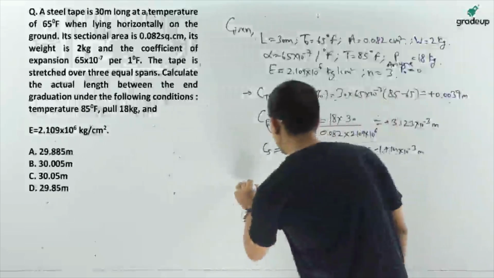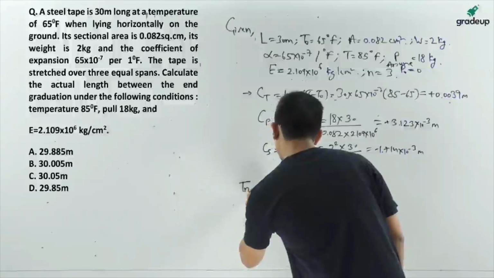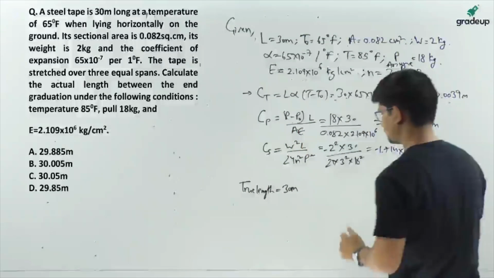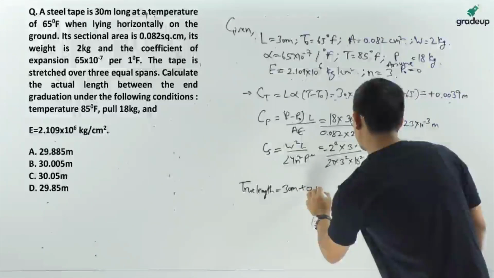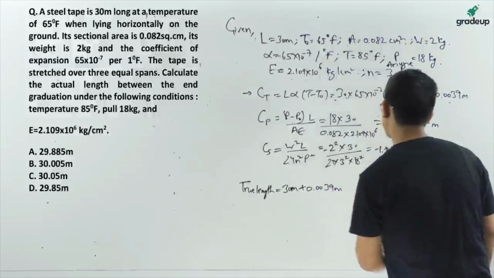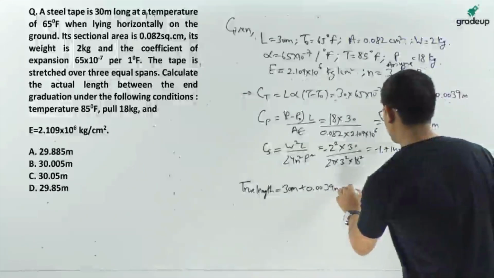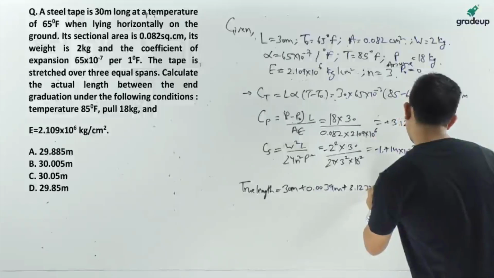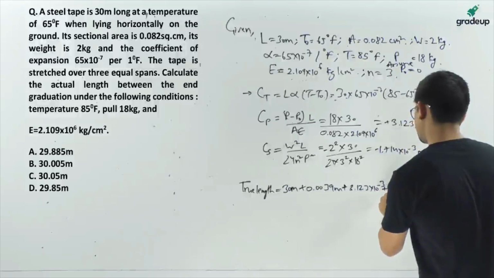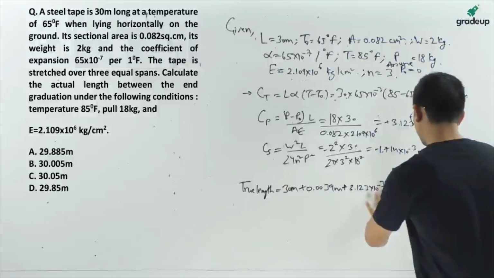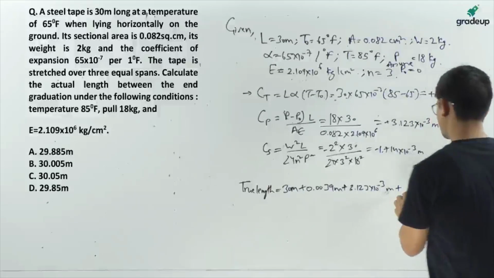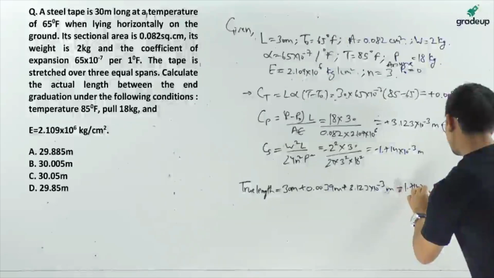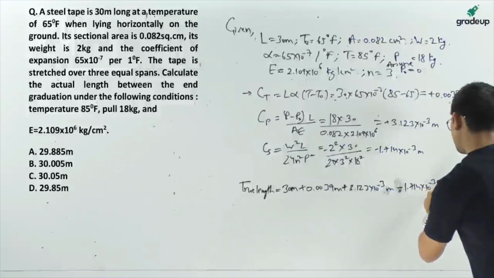So the true length will be 30 meters plus 0.0039 meters, which is the temperature correction, plus 3.123 into 10 raised to power minus 3 meters, minus 1.714 into 10 raised to power minus 3 meters.